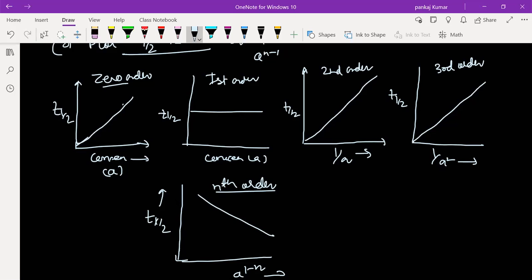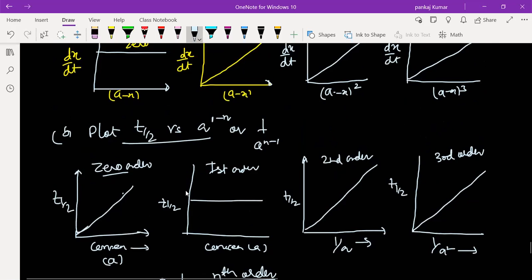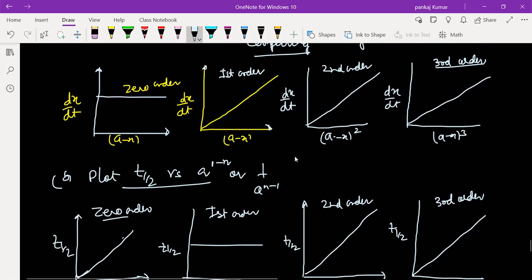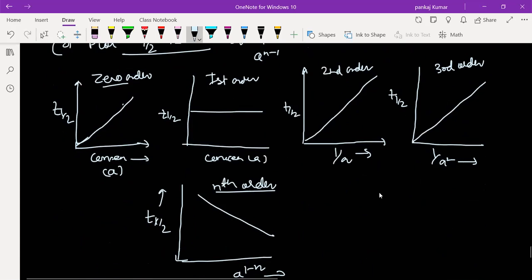Okay, done this one. We have done rate versus, this is the rate versus A, both are A. This is A square and A cube. This is the half life.